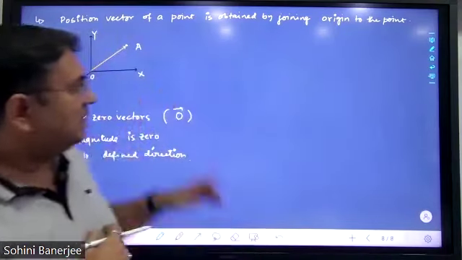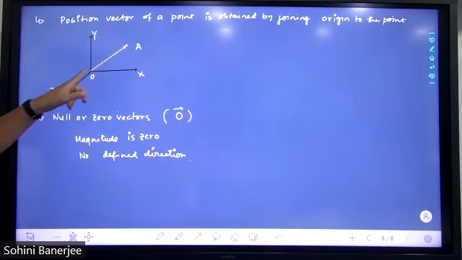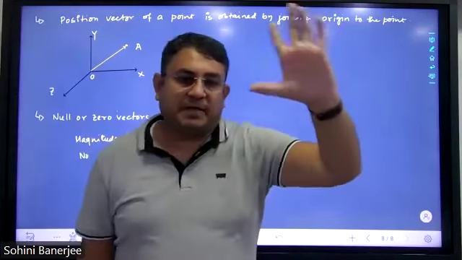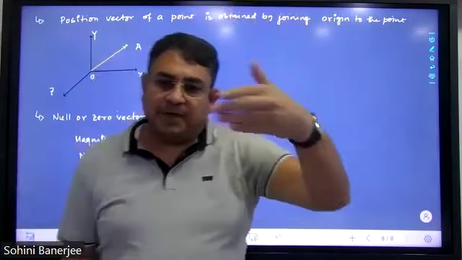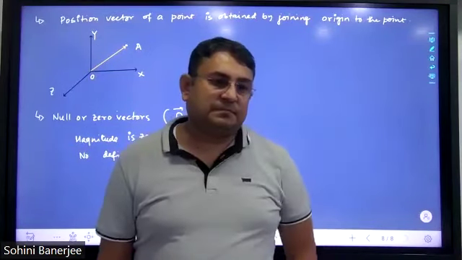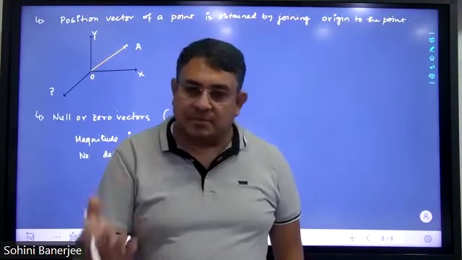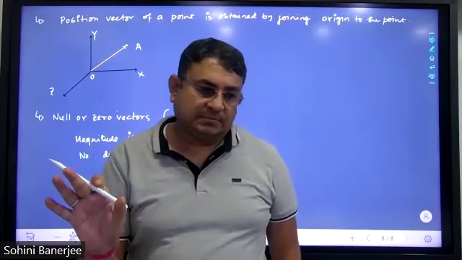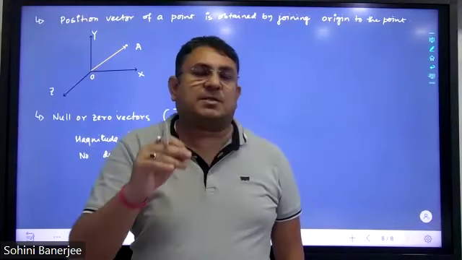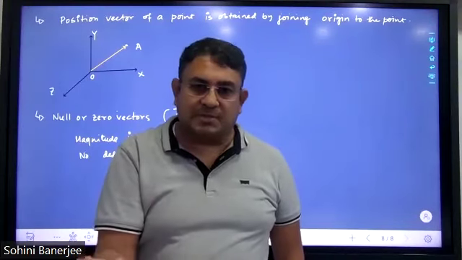Just now I said that the position vector of a point is obtained by joining the origin to the point, right? So if I ask you, what is the position vector of the origin itself? It is 0. That is the zero vector. Joining origin to origin means 0.